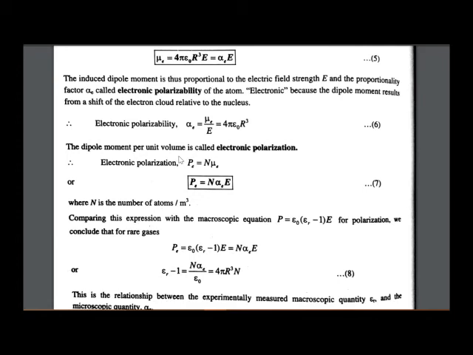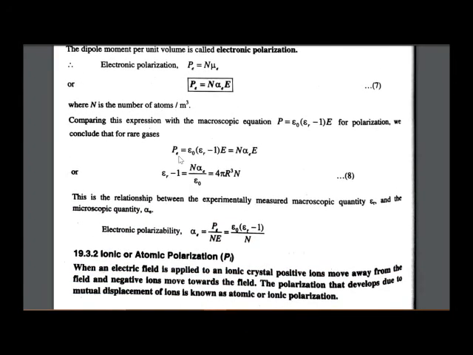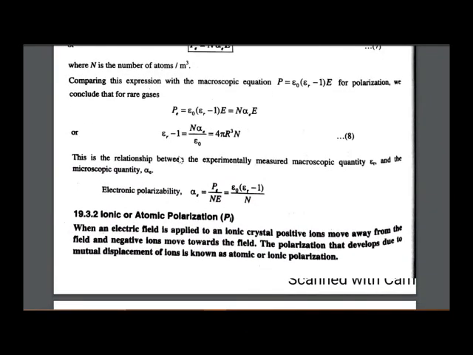Pe is equal to epsilon naught into epsilon r minus 1 into E, which is equal to N alpha e into E. Therefore, epsilon r minus 1 is N alpha e by epsilon naught, which is equal to 4 pi R cube into N. After substituting, we get this.